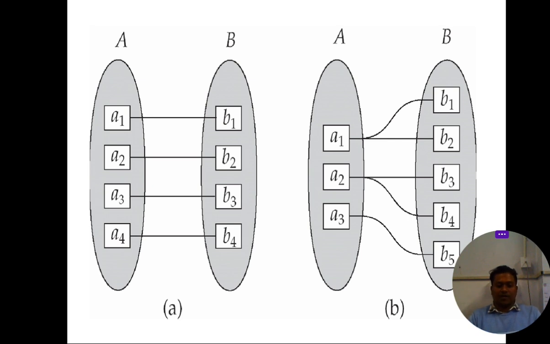You can see here the first one is one to one, from A to B. A is one entity and B is another entity. A1 is connected with B1, A2 is connected with B2, A3 is connected with B3, A4 is connected with B4. But in one to many, A1 is connected with both B1 and B2, A2 is connected with both B3 and B4, and A3 is connected with B5.